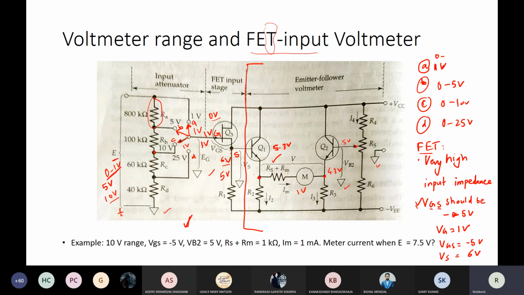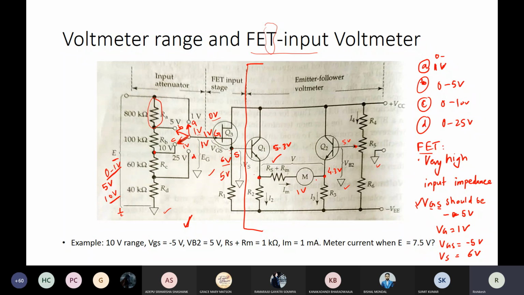So don't worry about the working principle of this. Anyway, you will study this in detail later on. Now, at 10 volts, the switch is at this position. So let's take an example here. It is still 1 volt only because of the voltage division, and again we'll see that it is at 5.3.